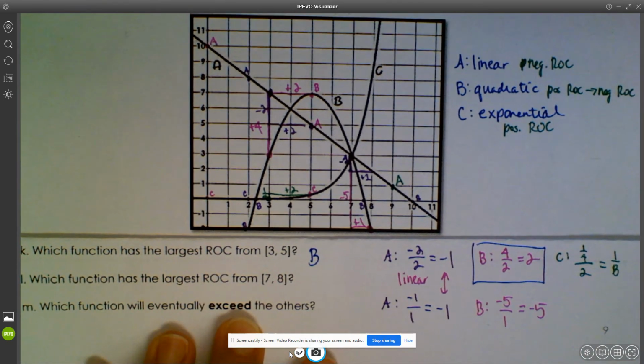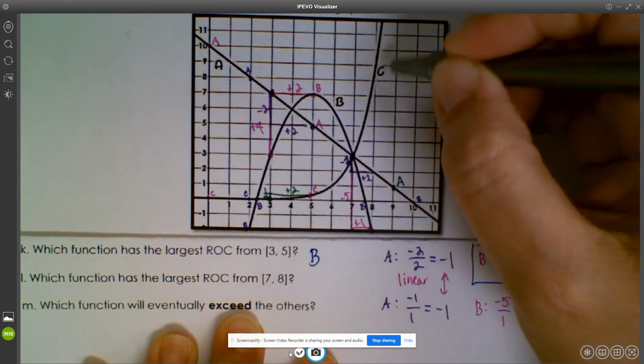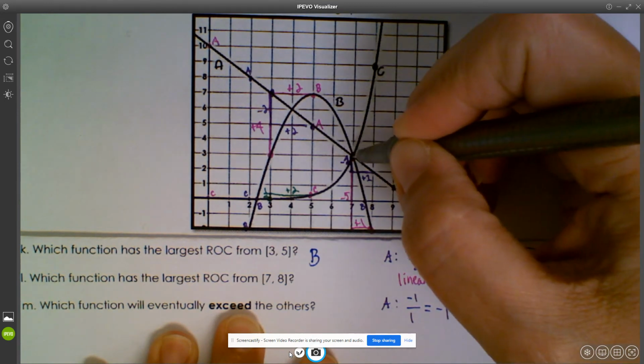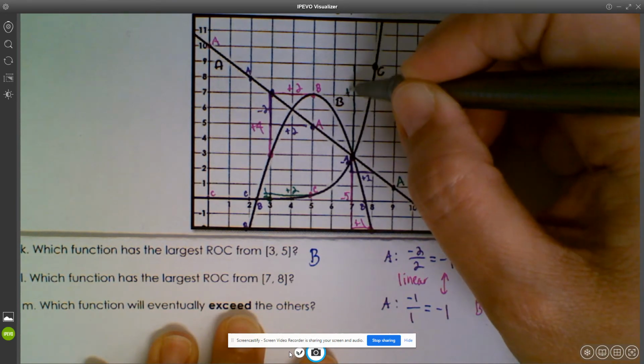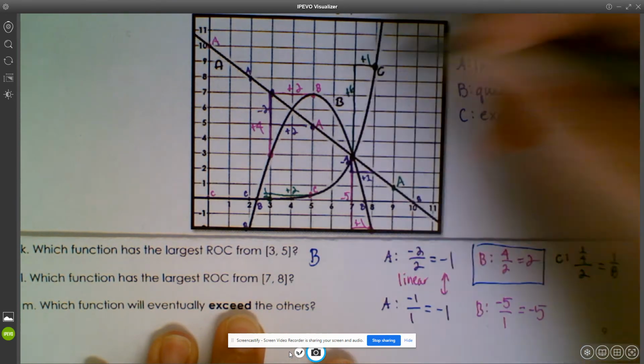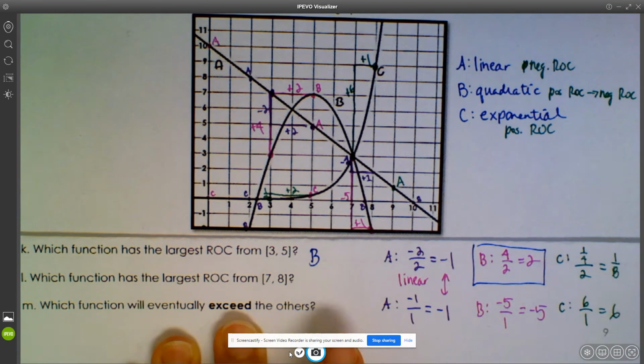All right. And now let's look at my last one. From where x equals 7 to where x equals 8, which is here, we're going to go up 1, 2, 3, 4, 5, 6, and then we're going to go to the right 1. So 6 divided by 1 is 6.